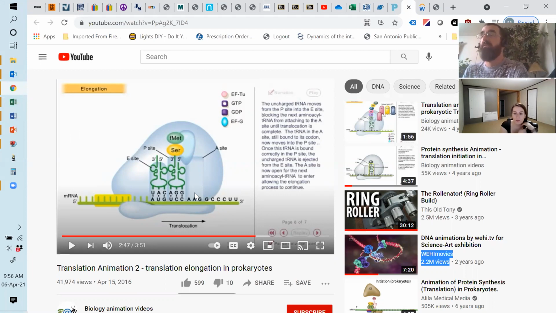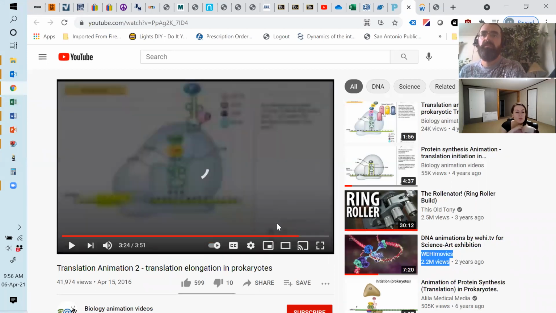Now we've essentially reset the cycle. It's almost like PCR, right? Now we go back to the first step. tRNA comes in, which I think they've got, right?